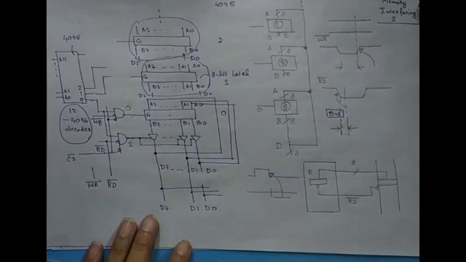So whenever the read bar signal will make a transition to logic 1, just at that moment the 8-bit data present on its input lines, the register will accept and store that data inside it. This is for read operation.